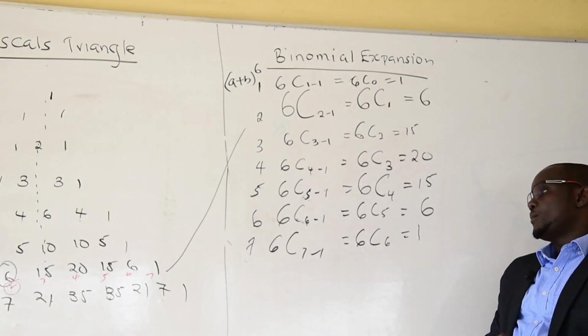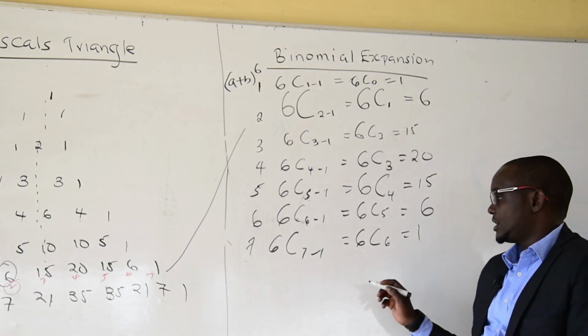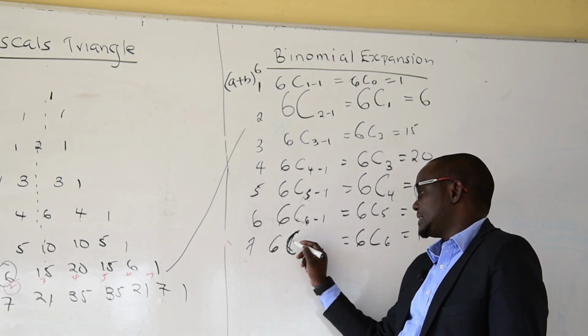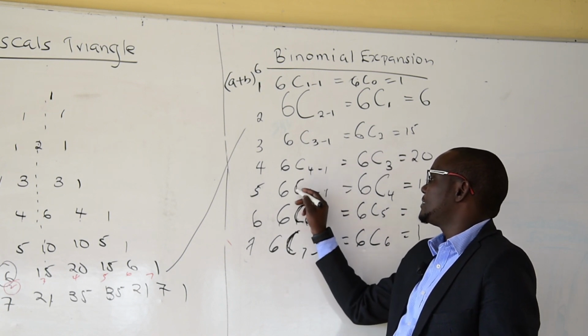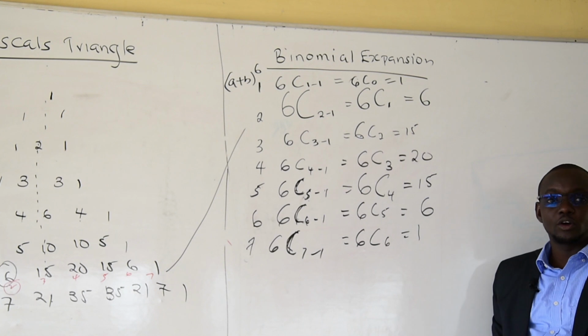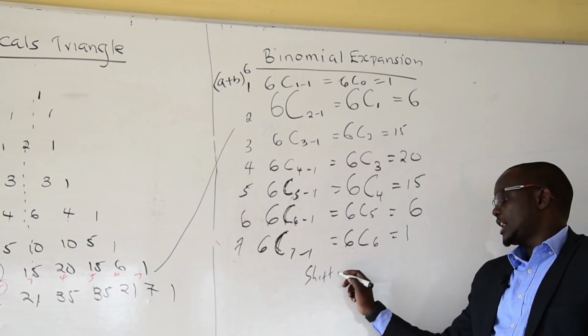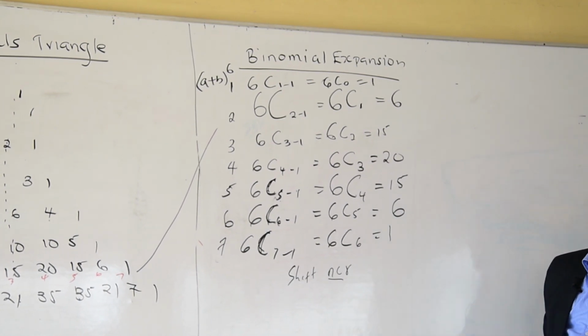Now, this is how you can get this using combination. Combination in the calculator appears like a C with a line like this. Sometimes you click shift and you look at where we have nCr. That's how you get combination.